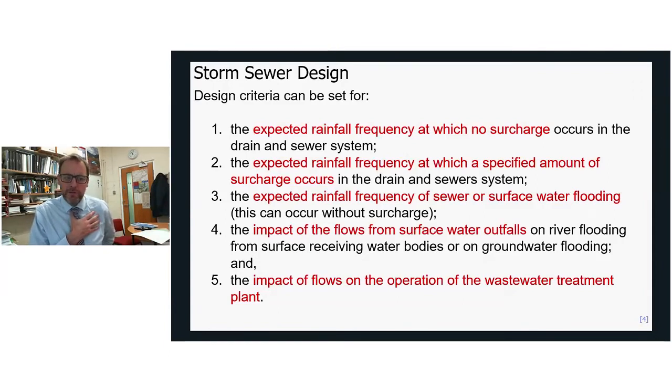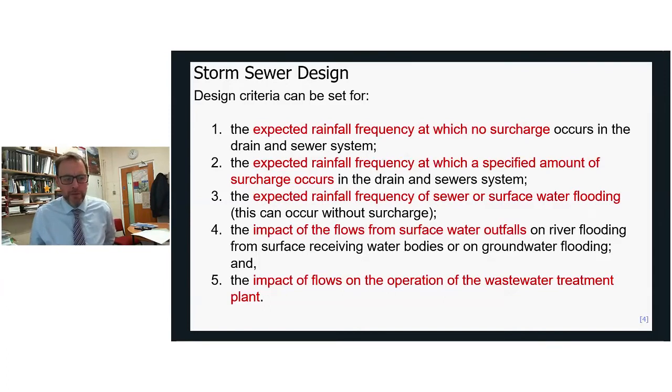The expected rainfall frequency of which sewer or surface water flooding occurs. It's not very clearly worded, I'll have to change that. So that's really what residents are concerned about. They don't really care about how often the pipe surcharges below the ground. They're interested in what is the risk of flooding in this area.